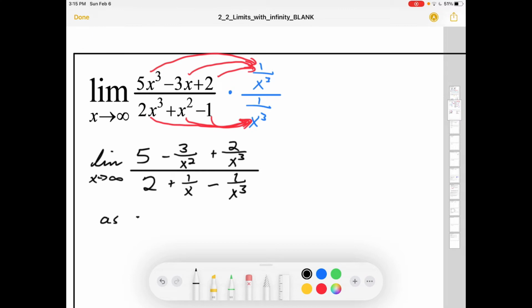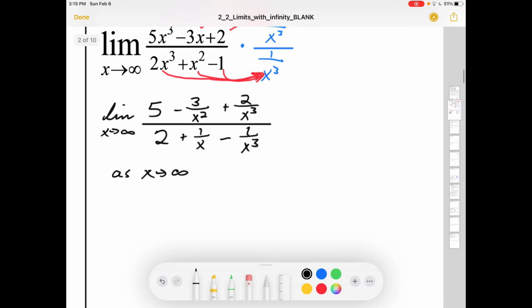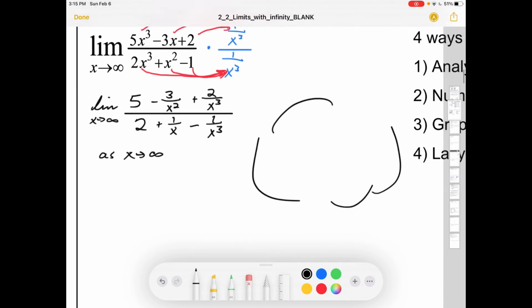And as x goes to infinity, let's think about each of those. I don't want to write subbing in infinity because we've said before, it's not a number, but I'm going to put it in a thought bubble to get away with it. Plus 2 over infinity cubed, all over 2 plus 1 over infinity minus 1 over infinity cubed. Well, 5 is always just 5.